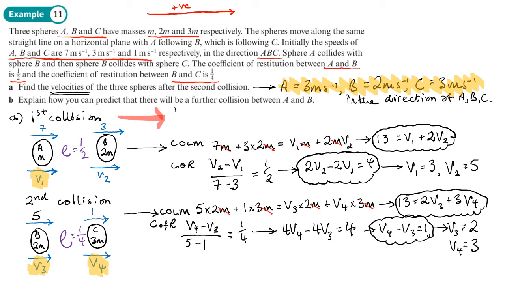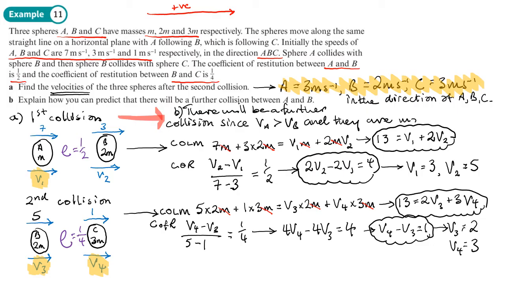So part B, there will be a further collision since the velocity of A is greater than the velocity of B. Okay, so it's going to catch up with it, and they are moving in the same direction. So they're bound to collide.